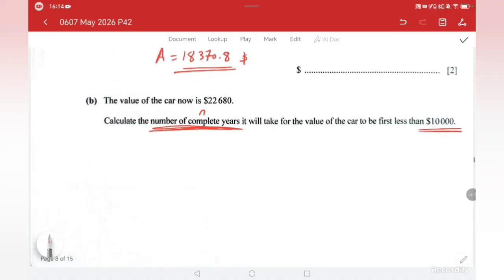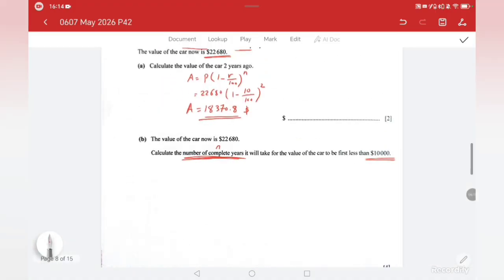So in this case, we can write the formula again, but this time the future value is 10,000 and the present value is 22,680. Okay, and here the same rate is 0.9, 1 minus 10% to the power of n.